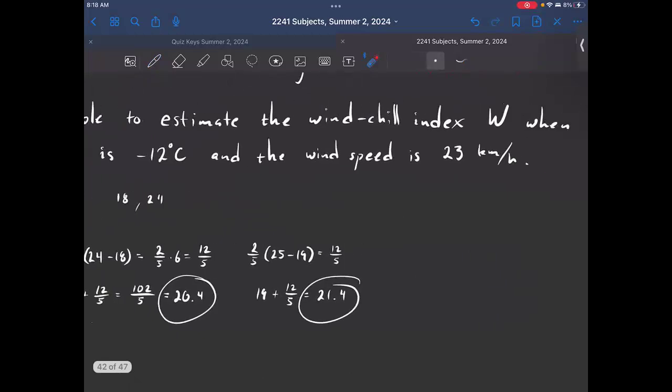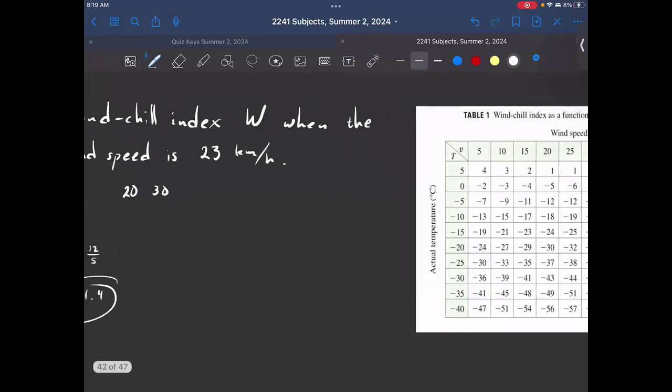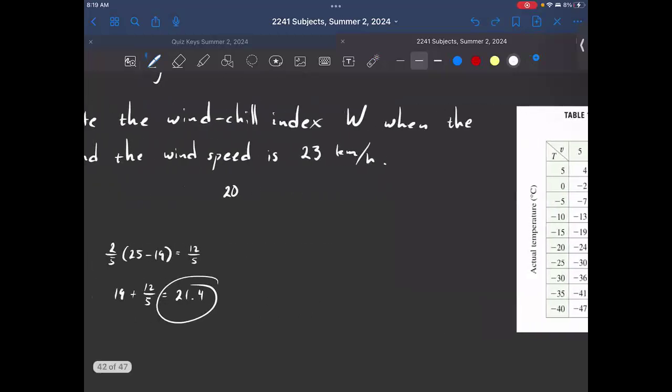And now I want to look at when the wind speed is between those two values, 23. So now I want to know what proportion of the way between 20 and 25 is 23. So where does 23 go? We have 23 minus 20 over 25 minus 20, and this is 3/5.